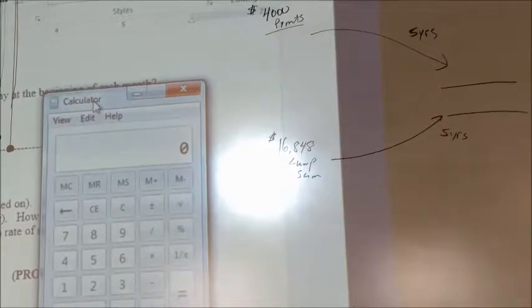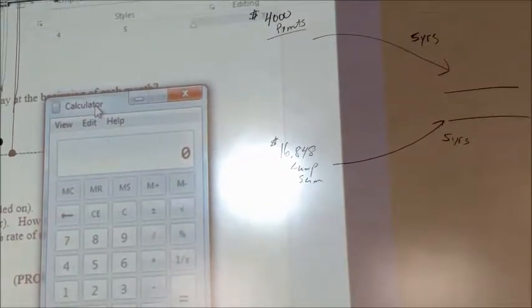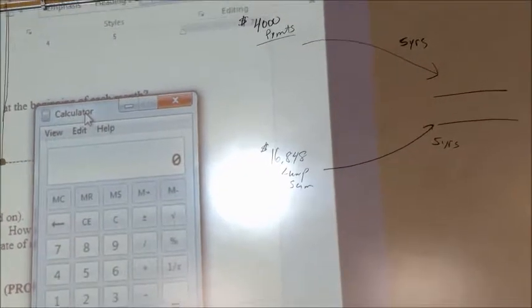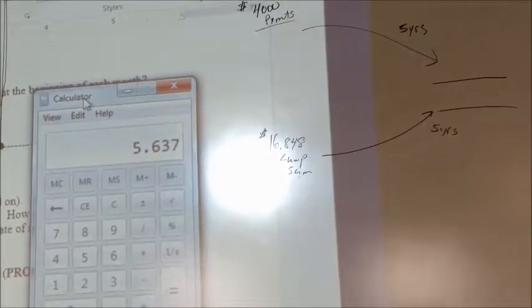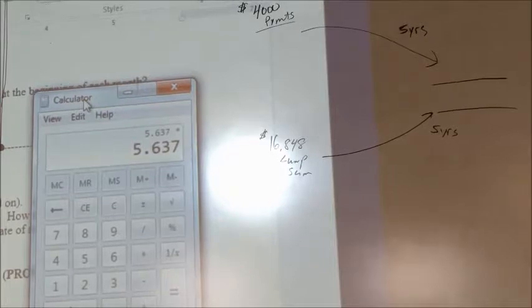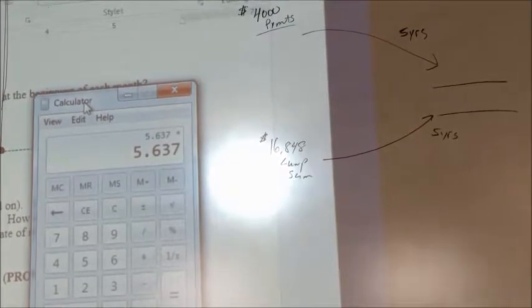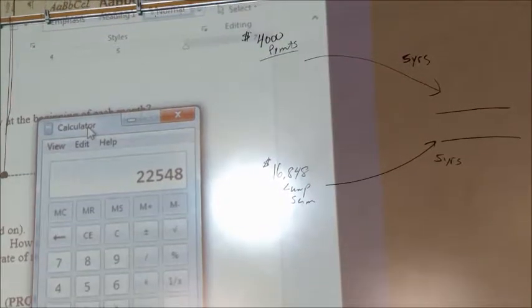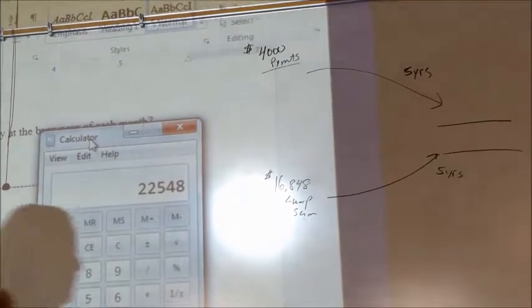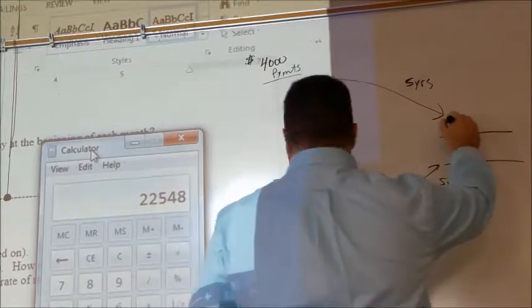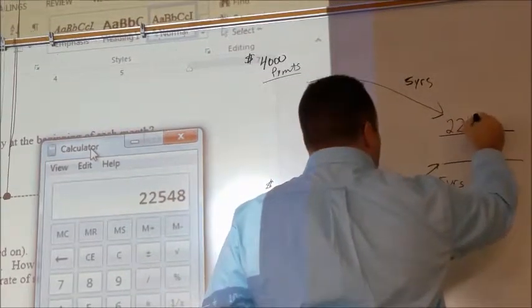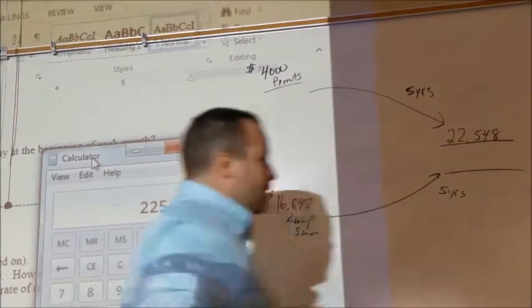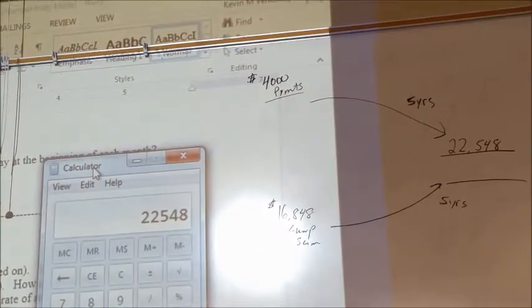And if I look up our 5 periods at 6%, that's 5.637. And then multiply that by my known amount, $4,000. If I put $4,000 away every year for 5 years, I would have $22,548 in the bank.